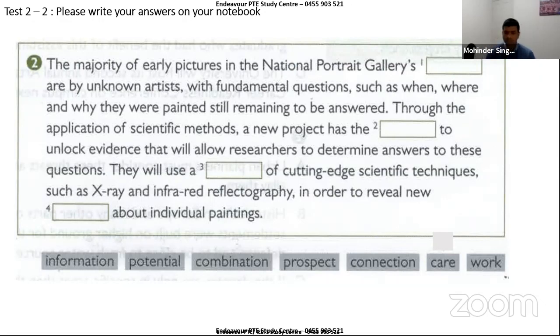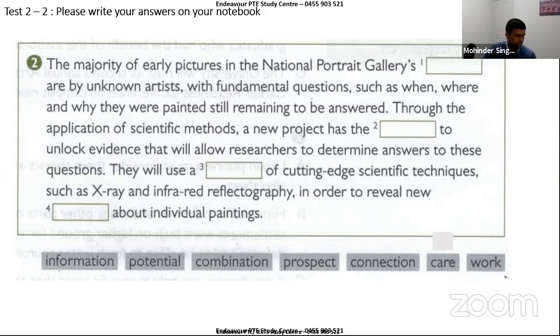But I'm not surprised, because that was a confusing one. If I look at everyone's answer, most of you have got work. Some have got information. Some have got work hard. Most of you have got work, and work is incorrect. We're going to discuss that in the end. What is the right one?